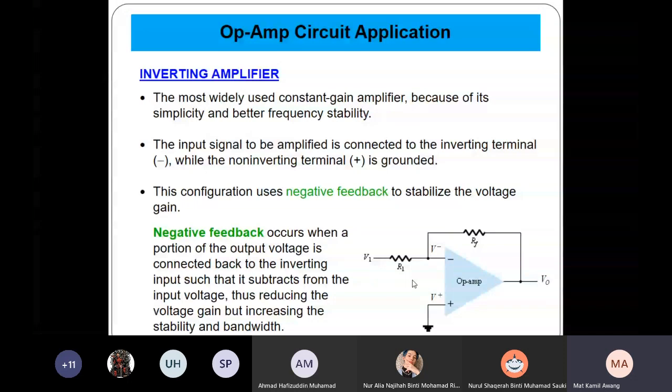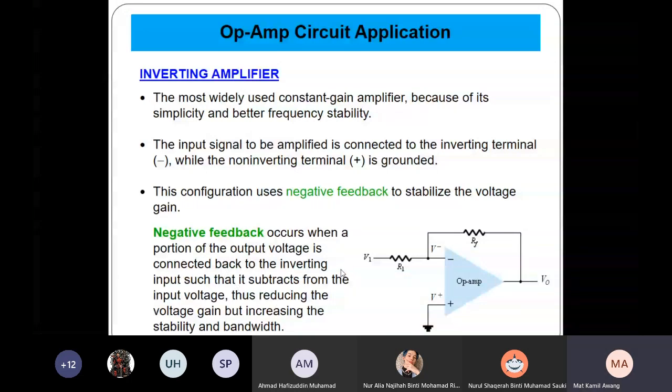Negative feedback occurs when a portion of the output voltage is connected back to the inverting input such that it subtracts from the input voltage, thus reducing the voltage gain but increasing the stability and bandwidth of the amplifier. That is the role of negative feedback.